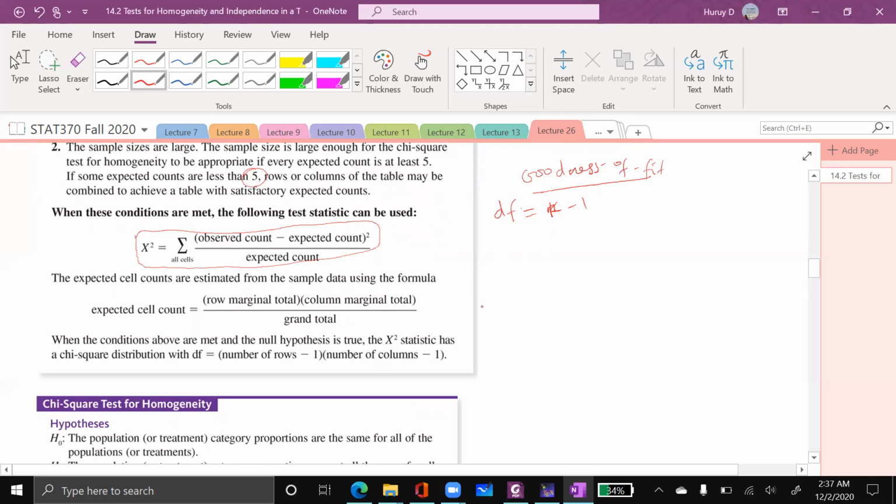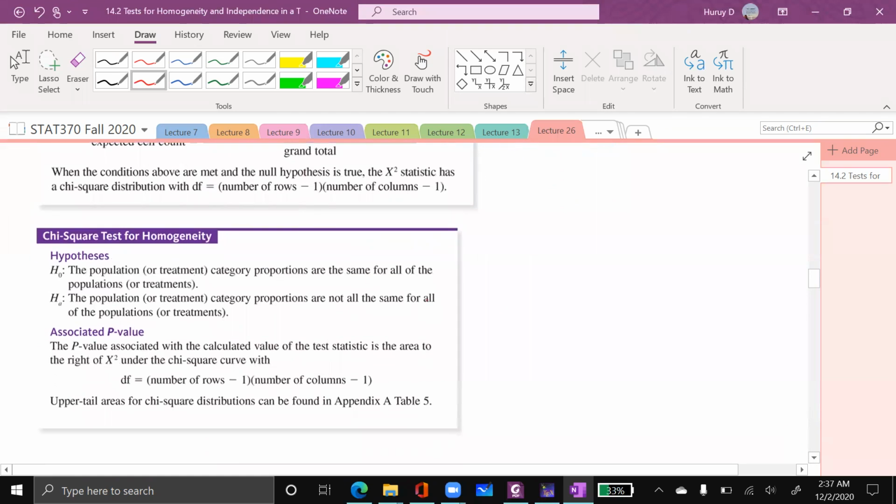But for this one, the degrees of freedom is the number of rows minus 1 times the number of columns minus 1. Okay, so this is how we find the degrees of freedom for the chi-square test of homogeneity.